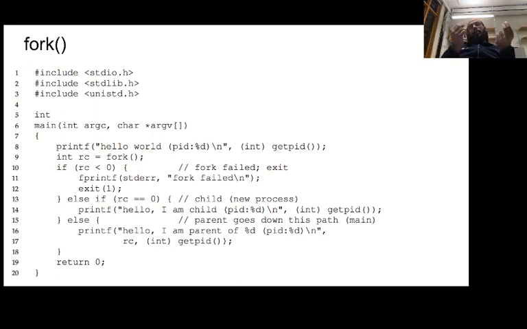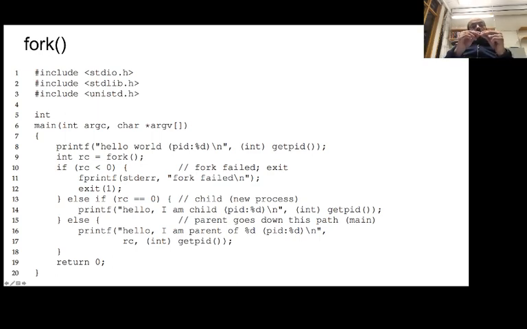Okay, what does this mean? This is a very interesting way of thinking about process creation. Linux actually starts the new child and makes it run in parallel right away with its parent, and it starts from the line where fork was called.